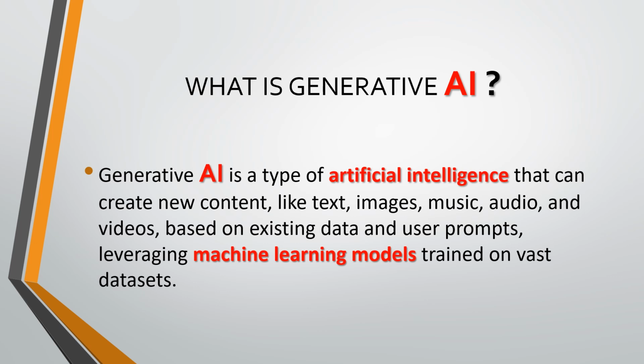So basically, you can train these models on vast data set, and you can tell it whatever you want this generative AI to do, but you will have to impart training first. Better will be the training, better will be your result.